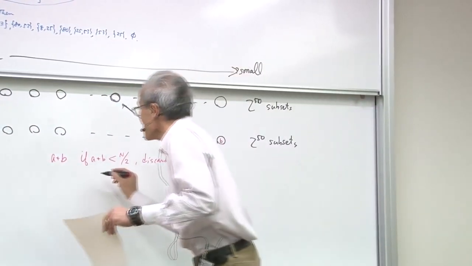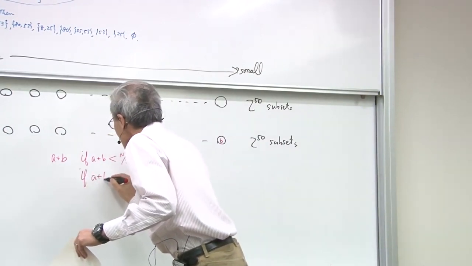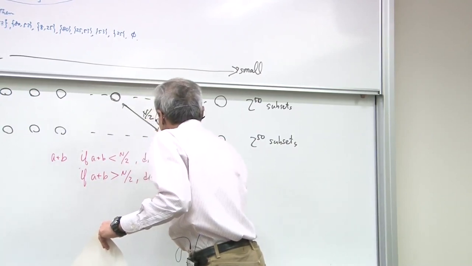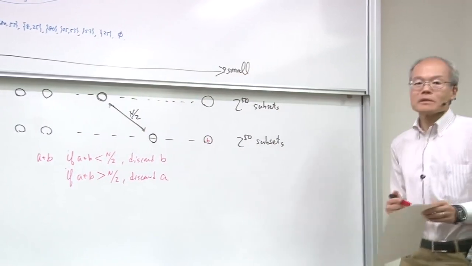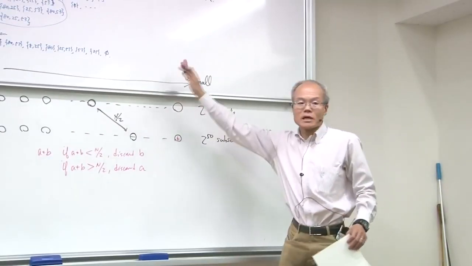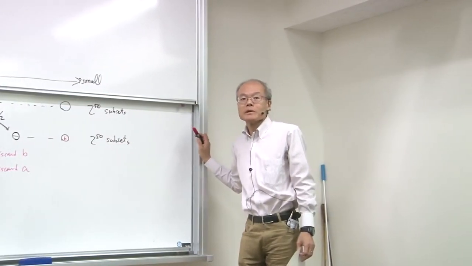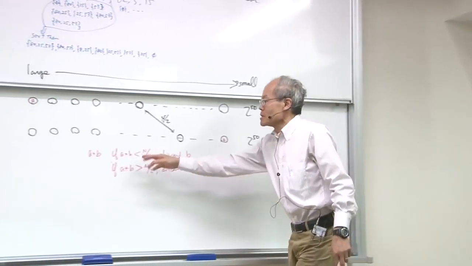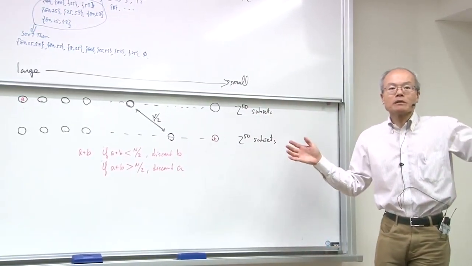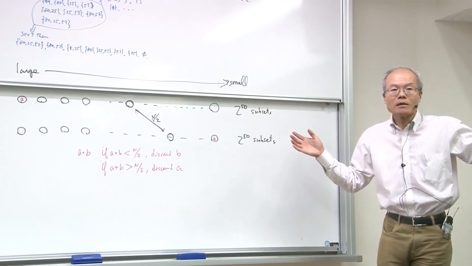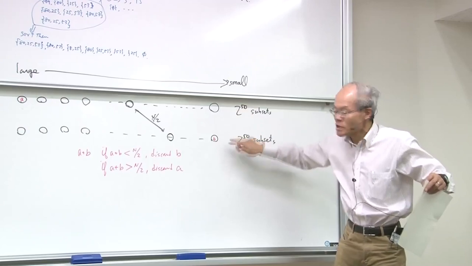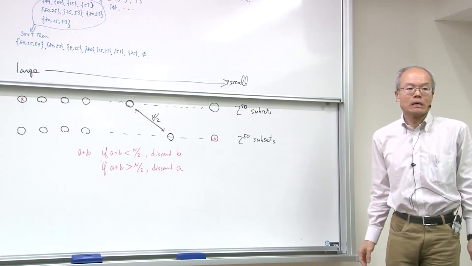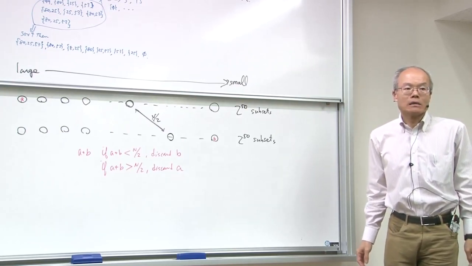Now, if A plus B is greater than n over 2, discard A. So in that case, the upper list becomes smaller by 1. By doing this simple calculation, you can reduce the size of the list by 1. At least one of the lists can become smaller by 1.